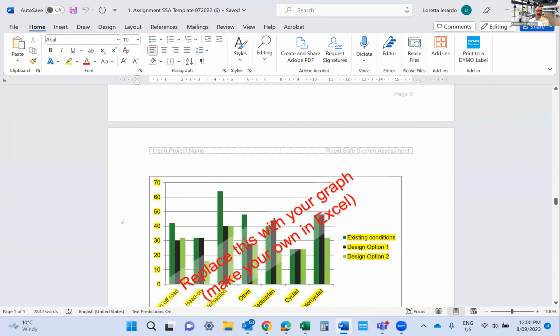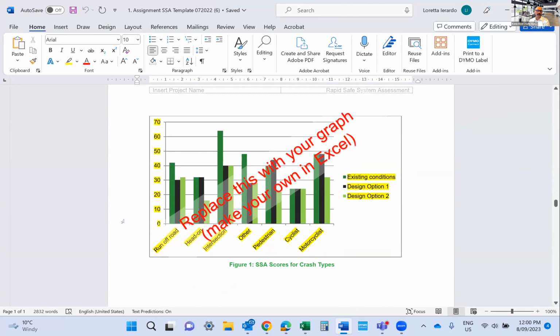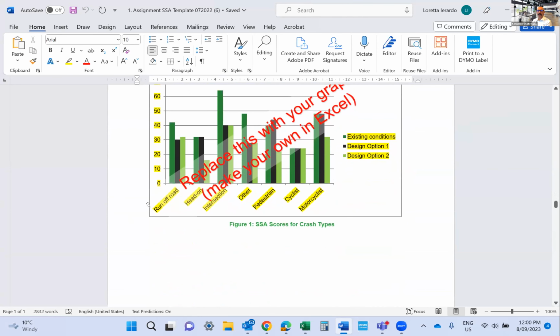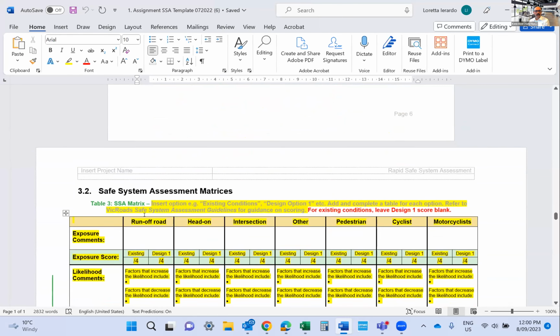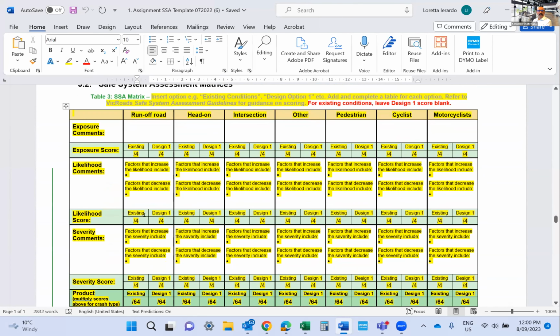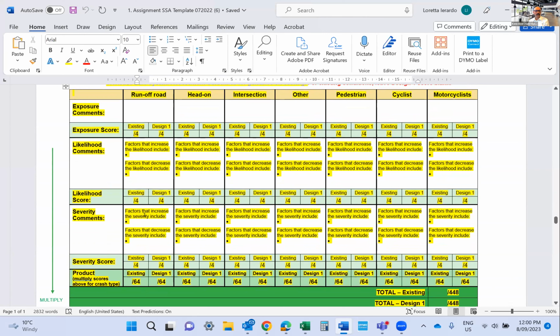Just follow through that. Replacing the graph with that graph is going to be near the end, because you've got to score everything first before you can actually create your graph, and then summarize it in the words above. So there's the matrix. You can see there's some slight differences to the one I showed, which is the existing conditions. You're going to put a score for existing conditions, and it'll be blank for design 1 in the scoring bit, because there is no design yet.